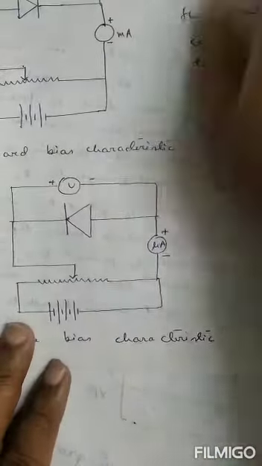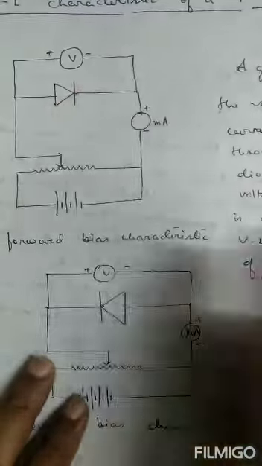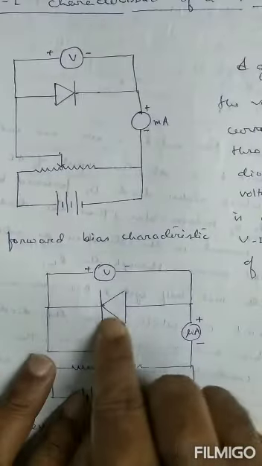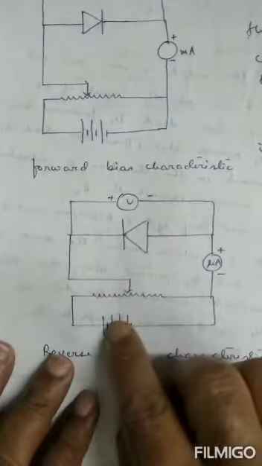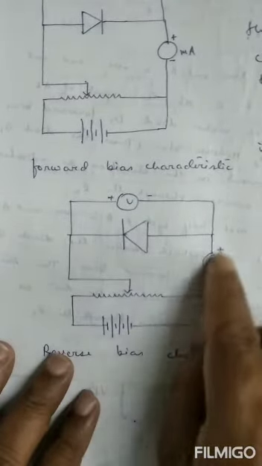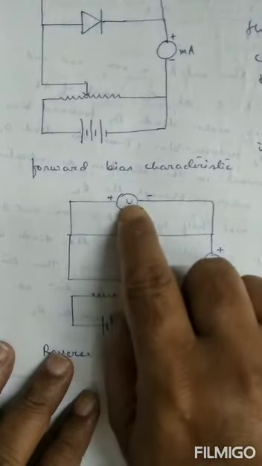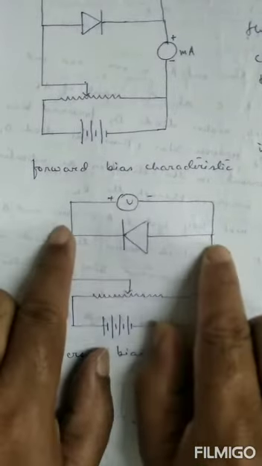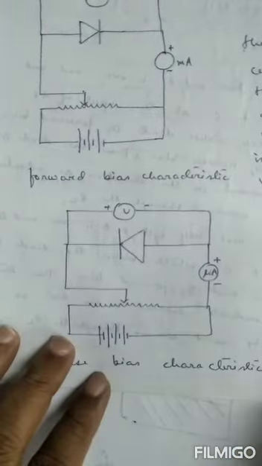In order to study the reverse bias, we simply change the polarity of the diode. Now you see positive terminal of the battery is connected to N side and negative terminal is connected to the P side. This voltmeter reads what is the voltage applied across the junction.